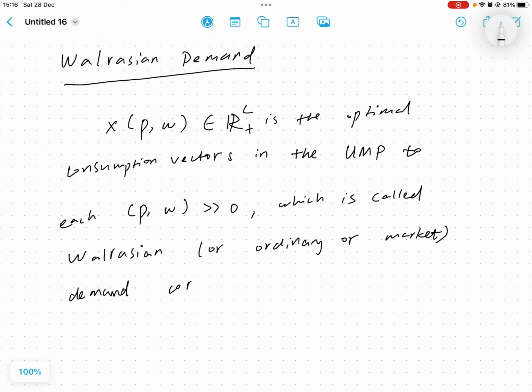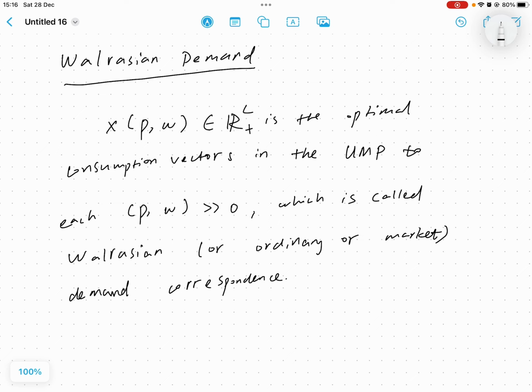And importantly, this is a correspondence. We do not directly say that this is a function. A function would be just a special case of a correspondence. If we have a more general correspondence, then we could map from one value of input to multiple values of output, to be a set.